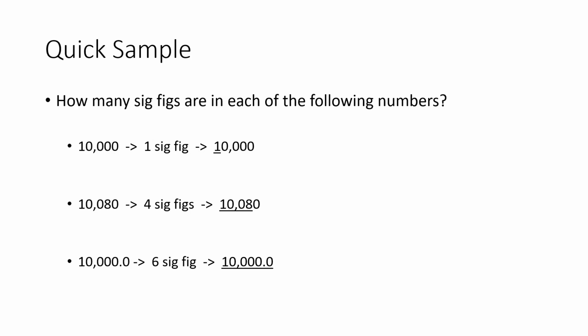So by adding in that guarantee of precision, that guarantee that we know this number to the 10th place, that makes all the other zeros significant, because we know for certain, based on that measure of certainty, that those numbers are zeros.